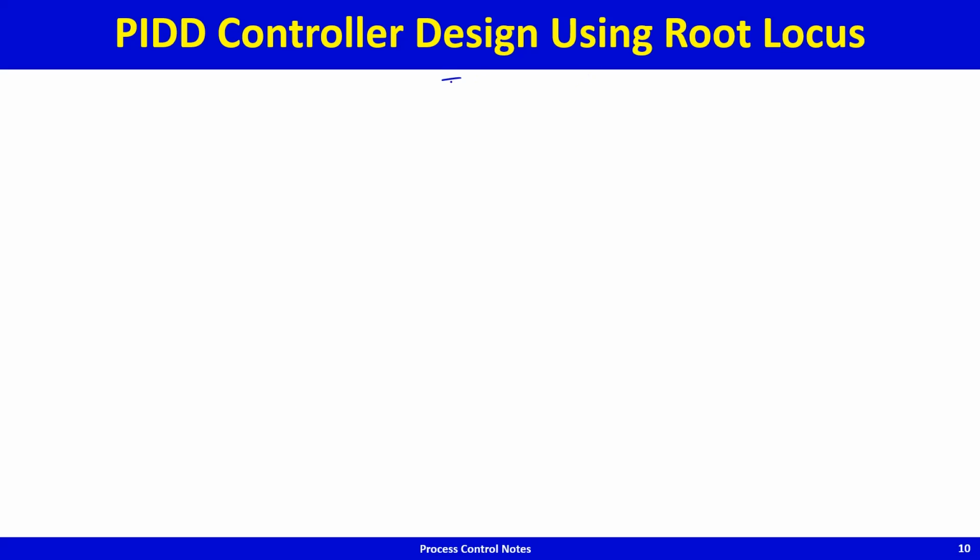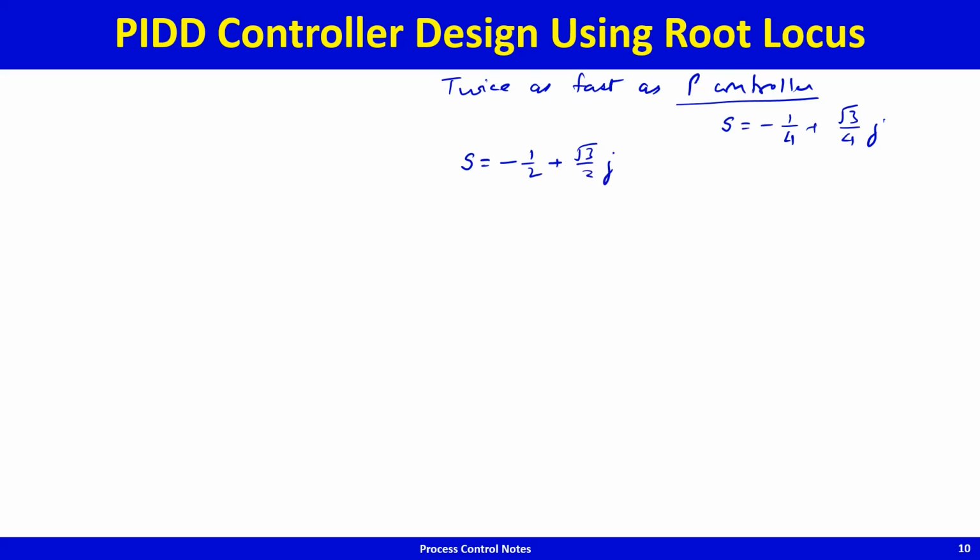The P controller was faster than the PI controller, because the P controller dominant pair was S equal to minus 1 by 4 plus square root 3 by 4j. So I want a response twice as fast as the P controller, so we'll say we want S equal to minus 1 by 2 plus square root 3 by 2j to lie on the root locus.